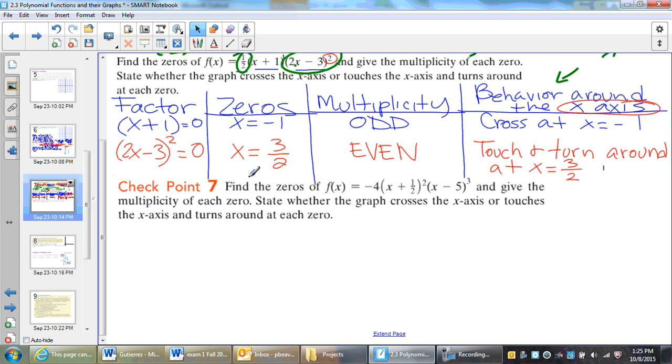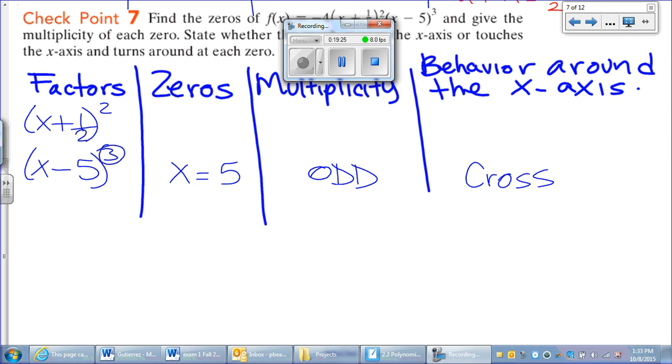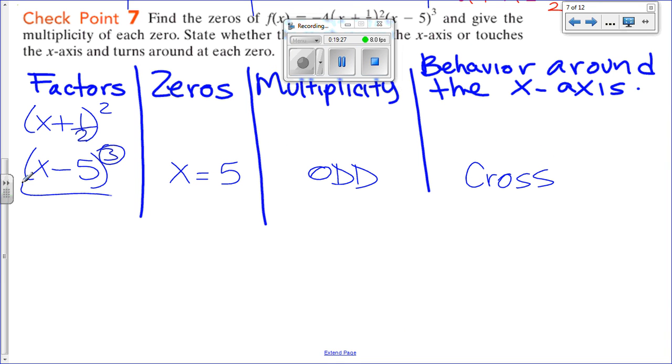Read your notes. Okay, so for the factor x minus 5, if we take that factor and set it equal to 0, we will get x is equal to 5. I know that it was raised to the 3rd power, but maybe I shouldn't skip that step.